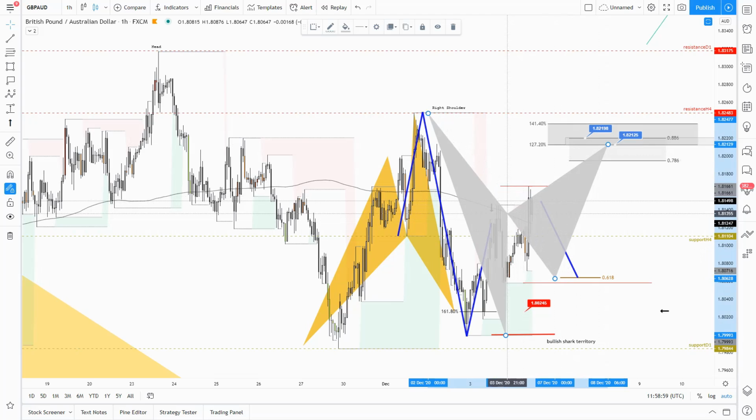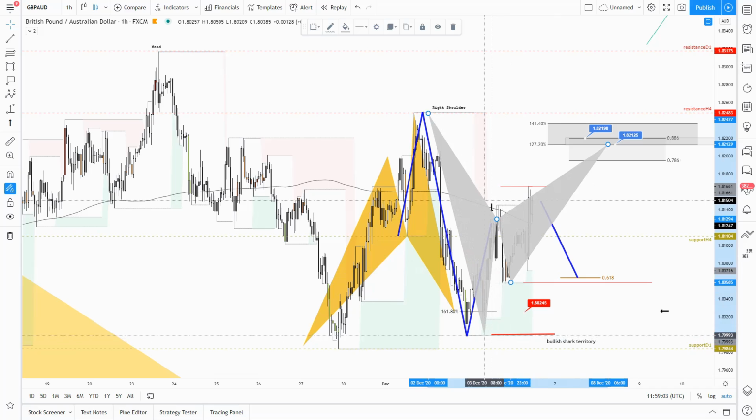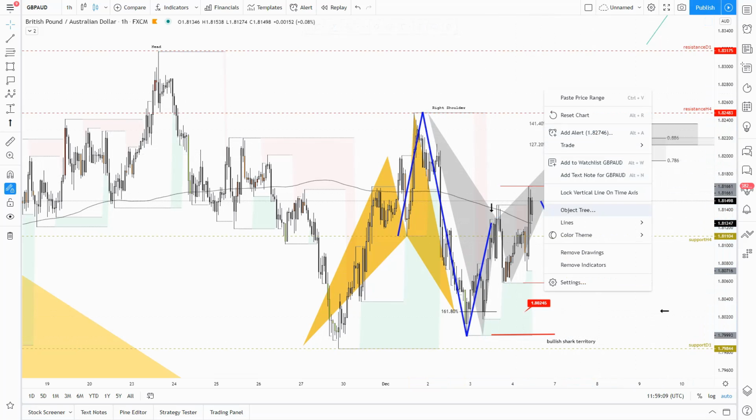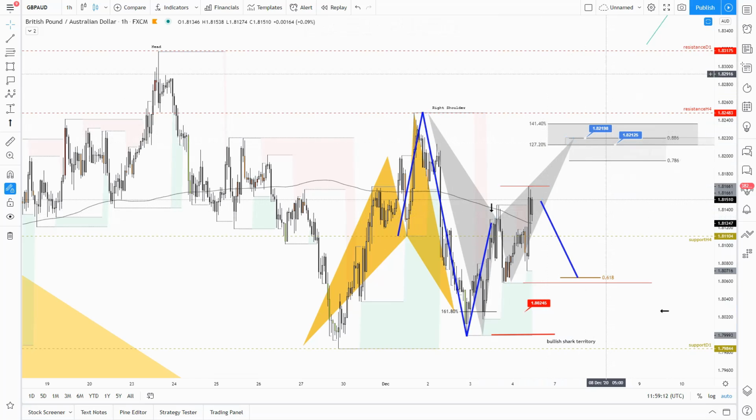For now, it's only a possibility to form that bearish bat pattern at 88.6. Let's see.